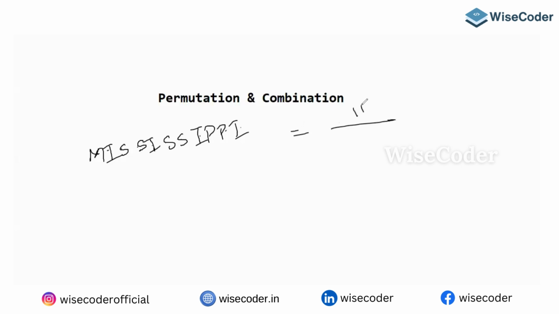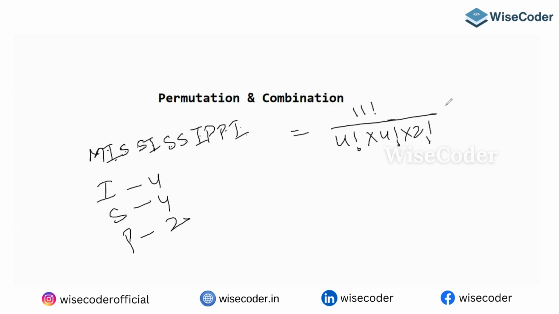Write 11 factorial in the numerator. In the denominator, the repetitions: I comes 4 times, S comes 4 times, P comes 2 times. So 11 factorial by 4 factorial into 4 factorial into 2 factorial. That's it. This is how you can arrange the number of words.